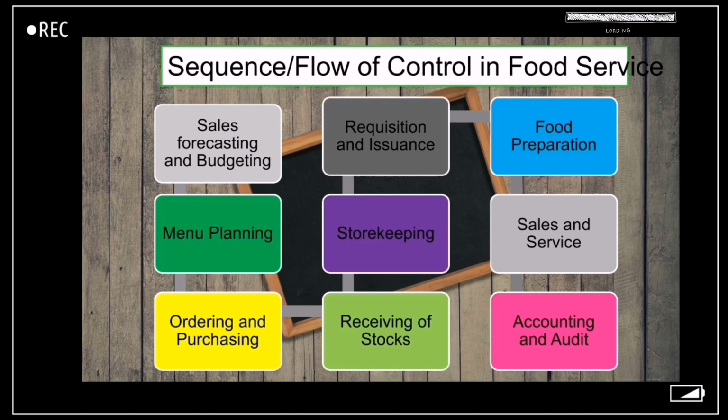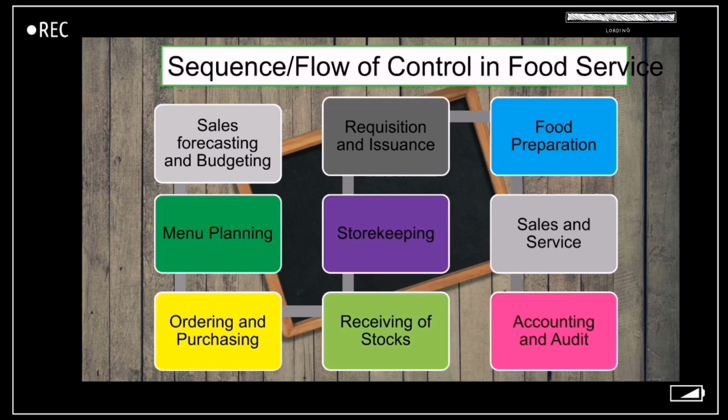So we'll be discussing, actually this 9 areas na to will be the future chapters, no? So we'll be talking about the sales, budgeting, menu planning, ordering and purchasing, requisition, storing, or the storage controls, receiving, storekeeping, requisition and issuance, food preparation, sales and accounting and audit.